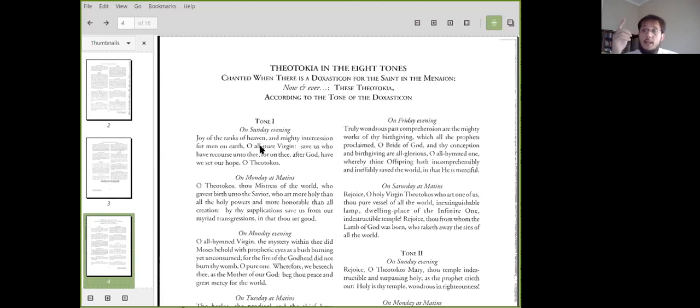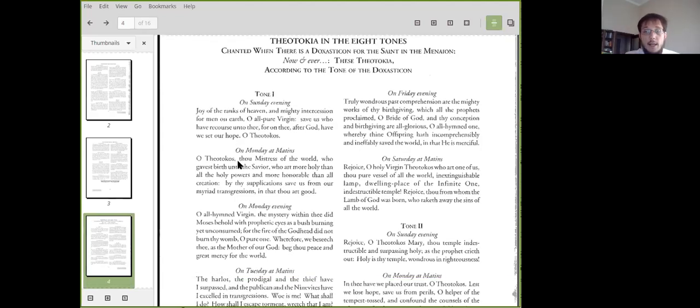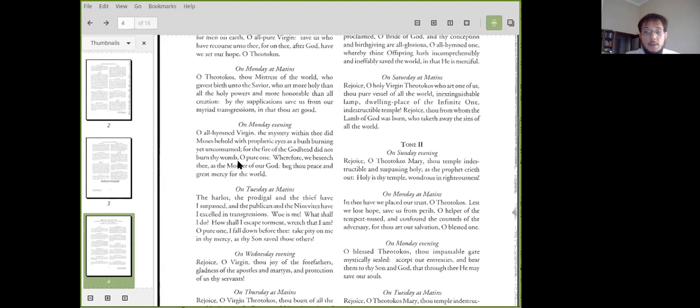At Lord I Have Cried, we use the dogmatic Theotokion. We come to the Apostica and we have to take the Theotokion from Appendix 2. So we come on over here and it's a Wednesday and we see that for Tuesday evening, there is no Theotokion here.